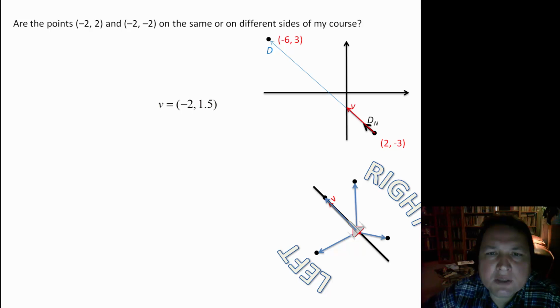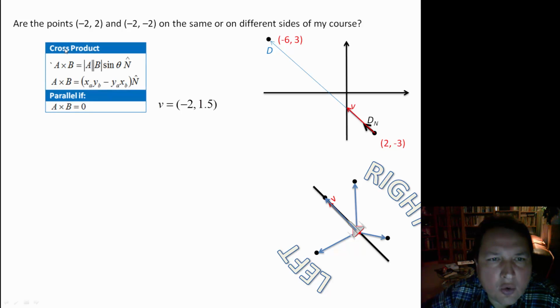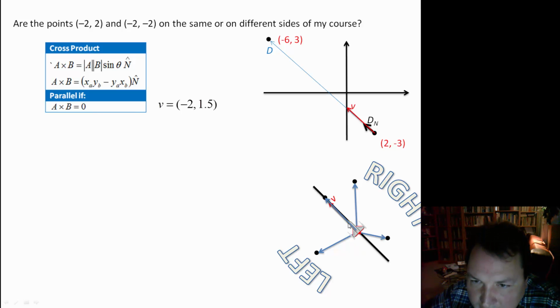To solve the problem, we will now use the cross product, which provides a condition for two vectors to be parallel. This is the case of this borderline case, which is exactly parallel to the vector of velocity, the vector v. For this case, the cross product is equal to 0.